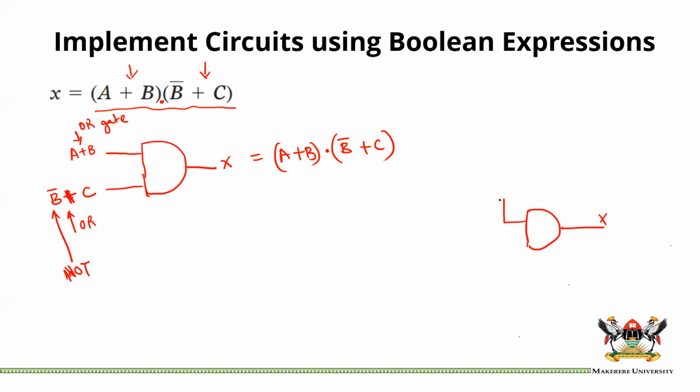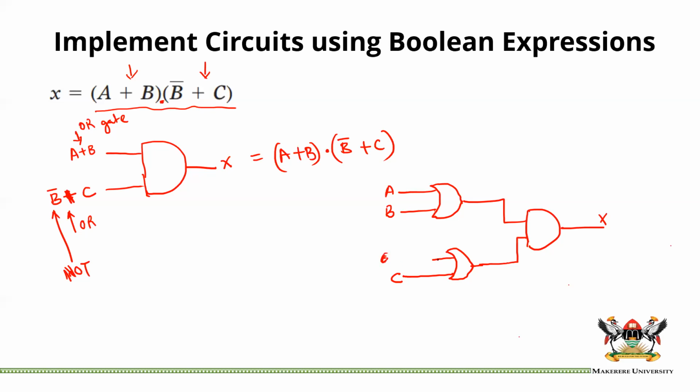Here we are going to need an OR gate, okay. And this OR gate has A and B, right? And then on this side, we are going to need another OR gate. And the first term is actually C. Okay, so we have C here, but this term, I could just write B again here, but then we already have B here.